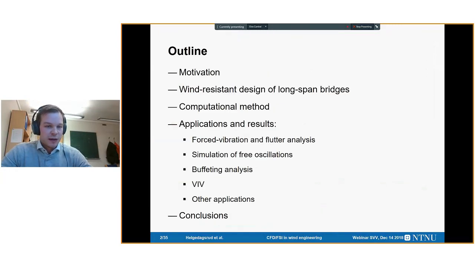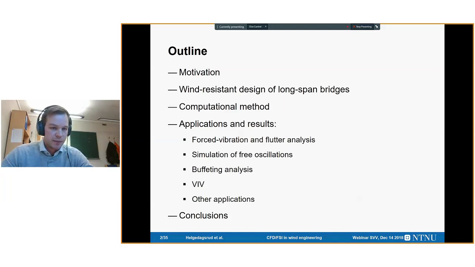So today I'll start with some motivation, and I'll try to identify why we would need such advanced FSI modeling in these very practical tasks. I'll spend quite some time on the computational method and try to give you an overview of how FSI is done in practice, and some opportunities and limitations.